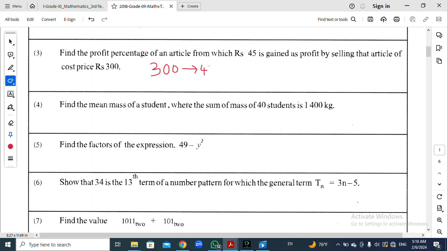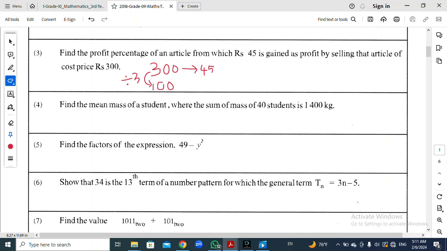Always percentage means 100, so here we have to calculate for 100. So what is the change here? The changing pattern is we are dividing by 3. We are dividing 300 by 3 and we get 100.